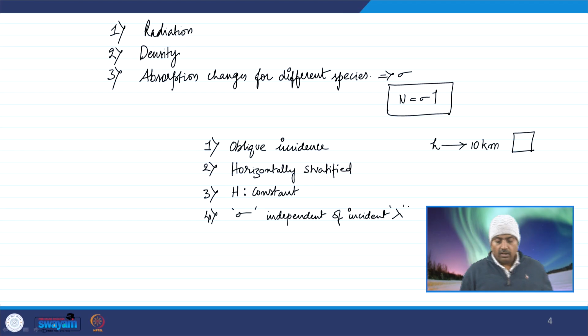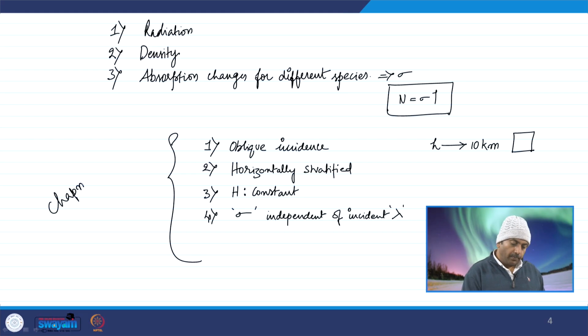So, such a layer which is the production layer which is valid as per these 4 assumptions is called a Chapman's layer. Okay. So, Chapman's theory provides the rate of production as a function of altitude and solar zenith angle for an atmosphere which is defined in terms of conditions 1, 2, 3 and 4.